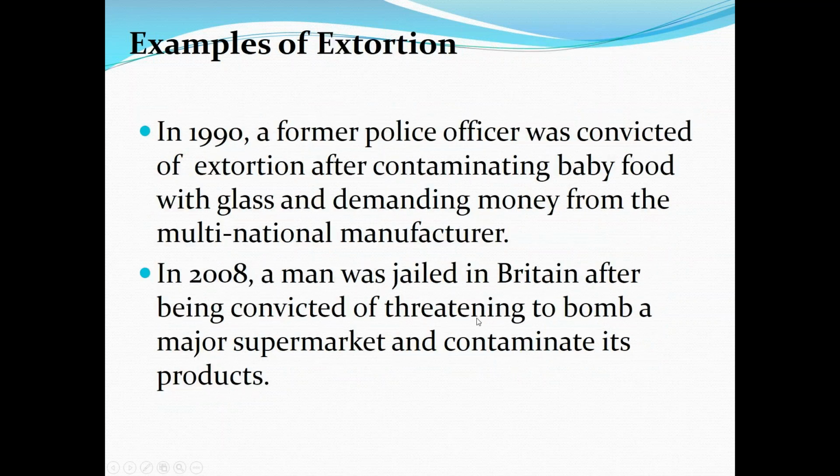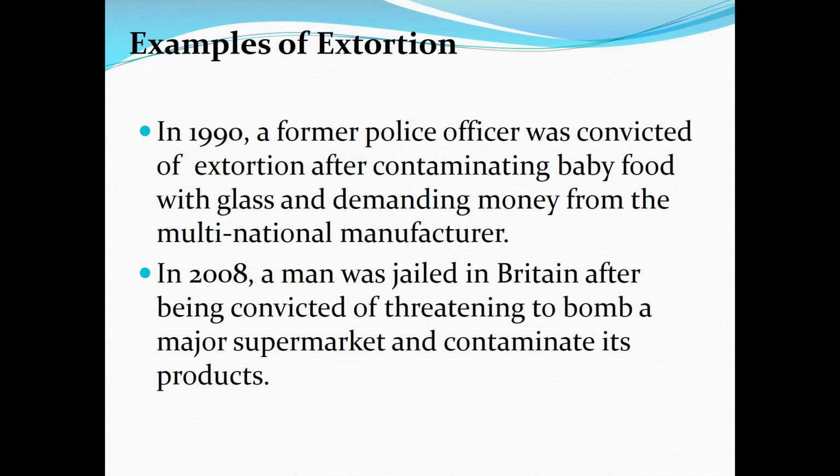And examples of extortion. I said food fraud has several components, and this is one of the components, extortion. In 1990, a former police officer was convicted of extortion, and he contaminated baby food with glass.